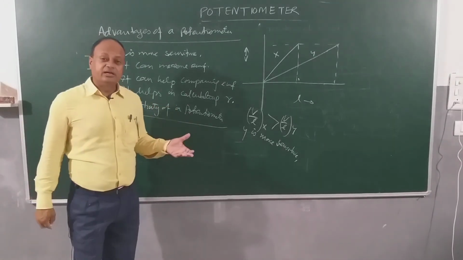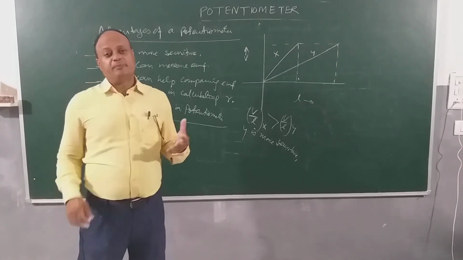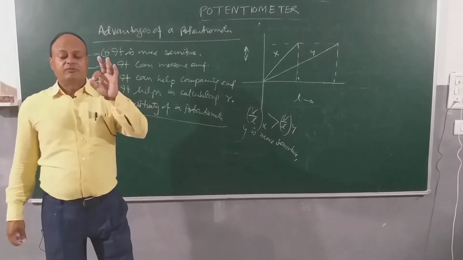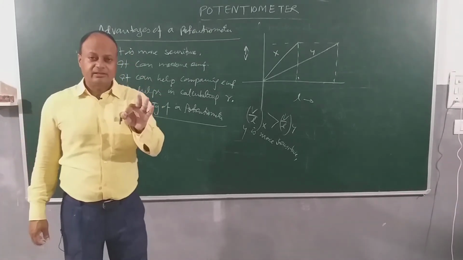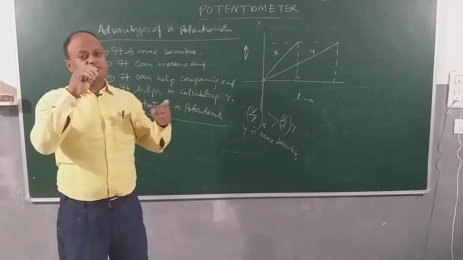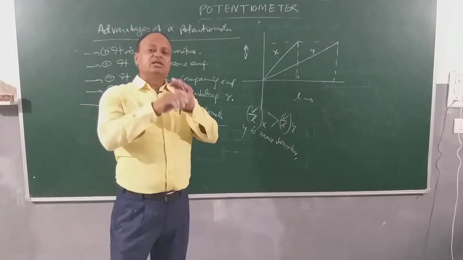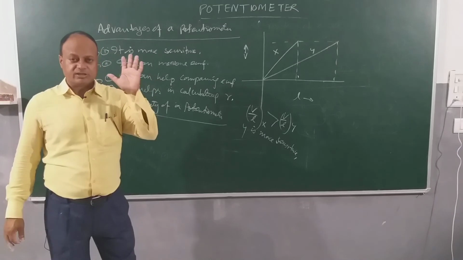Now how can we make a potentiometer more sensitive? There are two ways. For a given driving battery, we can increase the length of the wire. So the first factor which will help us in increasing the sensitivity of a potentiometer is by increasing the length, if the driving battery is constant.